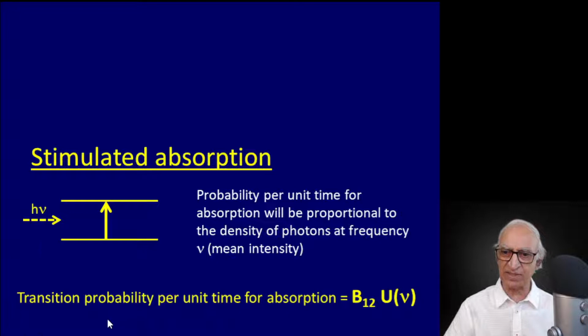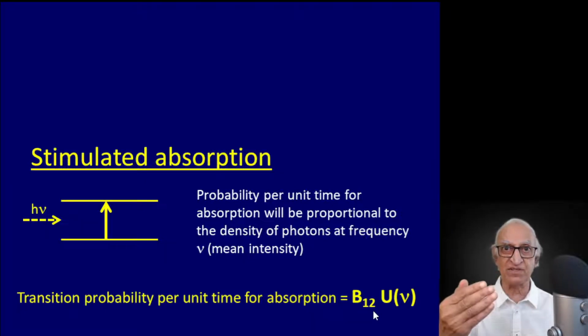And what quantum mechanics tells you is that the coefficient B12 that Einstein introduced, of going from level 1 to level 2, is given by the transition probability per unit time for the absorption from state 1 to state 2. And since this probability is obviously to be related to the intensity of the incident radiation at the frequency nu.